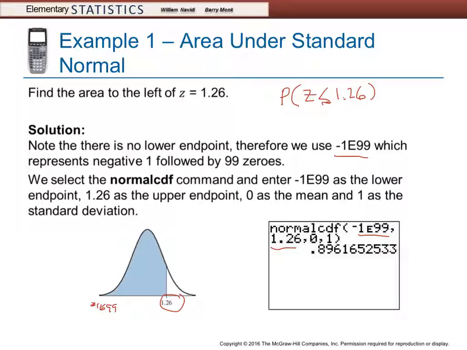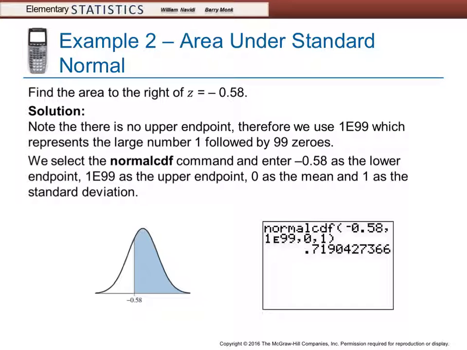And in this case, since we're doing the standard normal curve, we know the mean is 0 and the standard deviation is 1. Notice the commas in between. When we hit enter, we get the probability of 0.896.